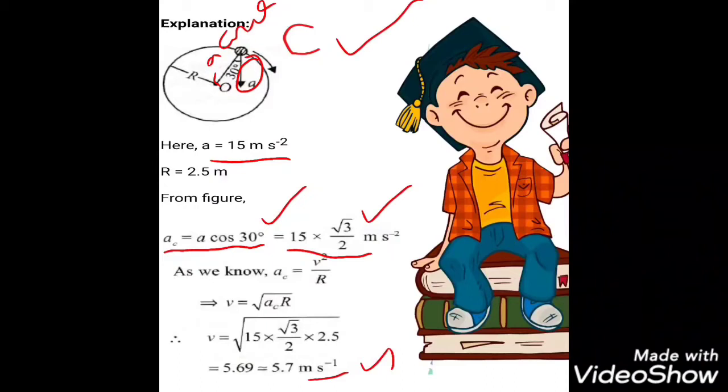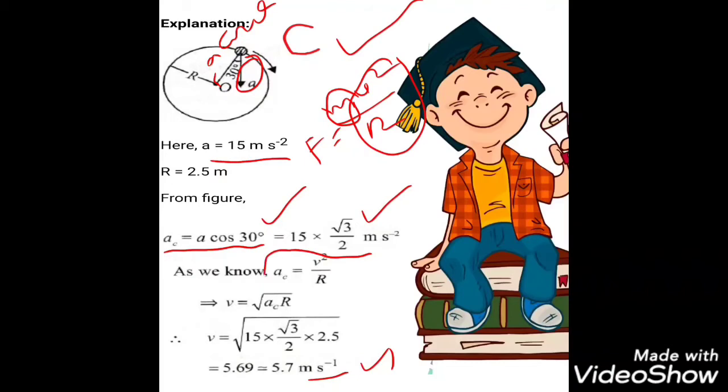So how are we finding the velocity, that means the speed of the particle? You know, centripetal force is equal to mv square by r. If you remove the mass, v square by r will give you only the value of acceleration.